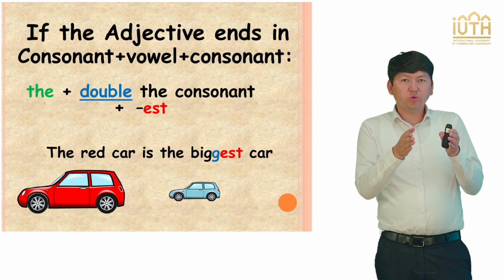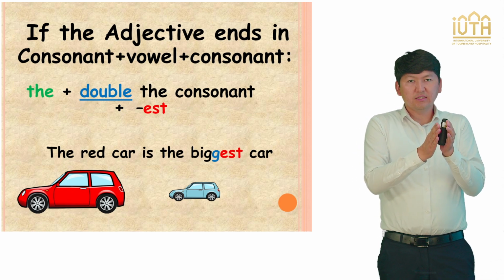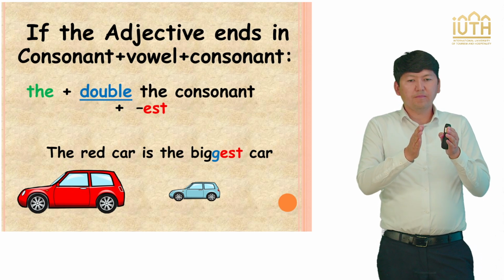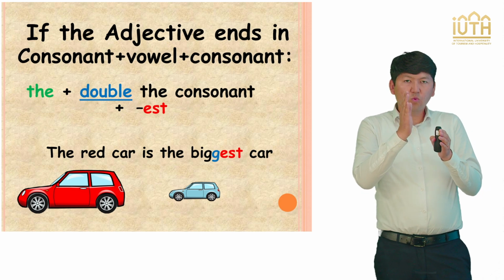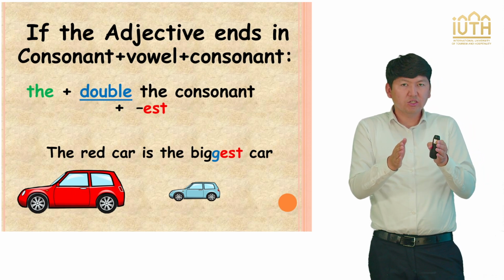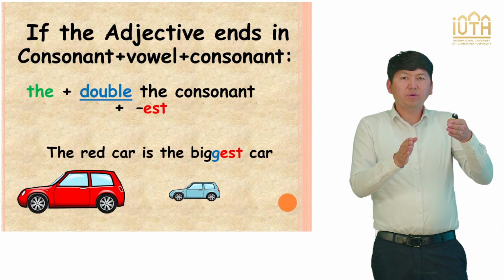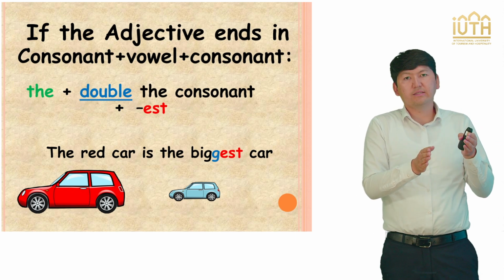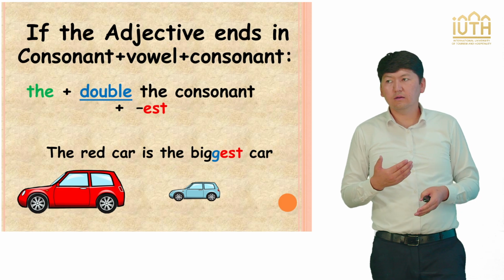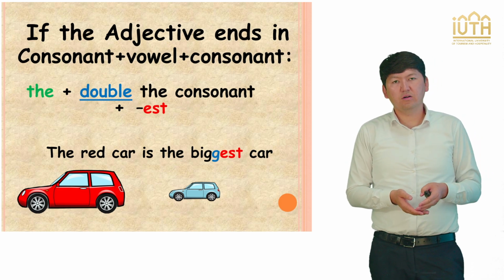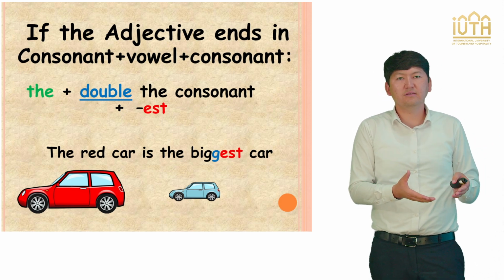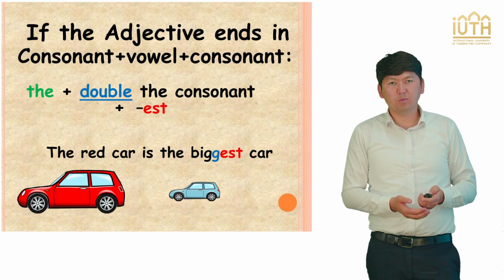If the word ends with one vowel and one consonant, like big, hot, you need to double the last letter. So the red car is the biggest car. The hottest season is the summer, for example.